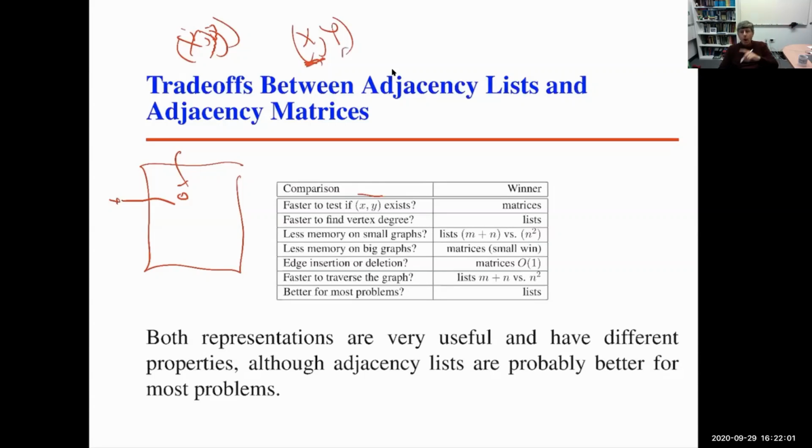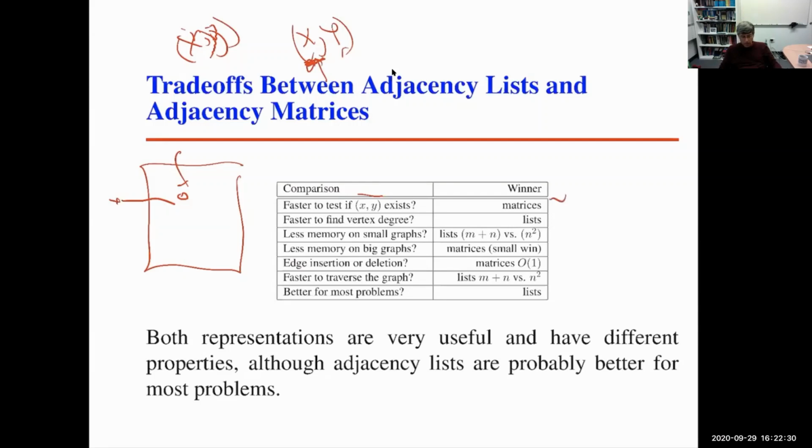If I find y on the x list, xy is an edge. If I don't find it, it isn't. What is the time that that takes? That would take time proportional to the degree of x. Does everybody see that? And that could be large, not constant.